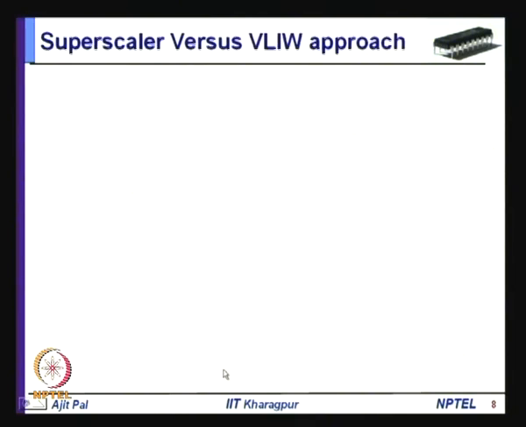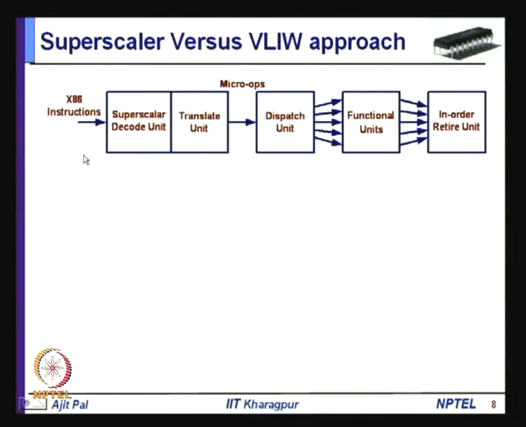So, this is the schematic diagram of how the Intel series of processors implement superscalar operation. You can see these are the x86 instructions which are complex in nature. As you know, those Intel series of processors are based on CISC, which stands for complex instruction set computer.